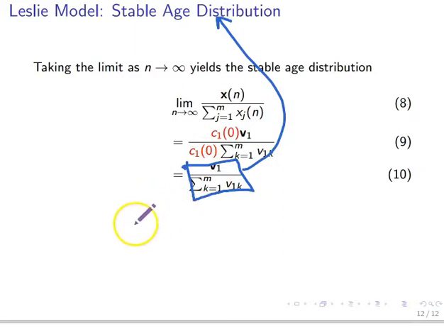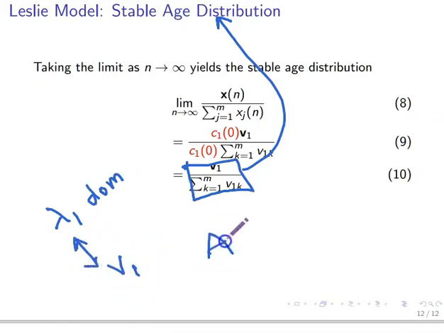So this v sub 1, by the notation used here, is such that lambda 1 is the dominant eigenvalue, and lambda 1 is associated with v sub 1. So we assume that the Leslie matrix A, when multiplied by v sub 1, is equal to lambda 1 times v sub 1. So that vector v sub 1 is the eigenvector associated with the dominant eigenvalue, and that is the one that goes into this calculation.